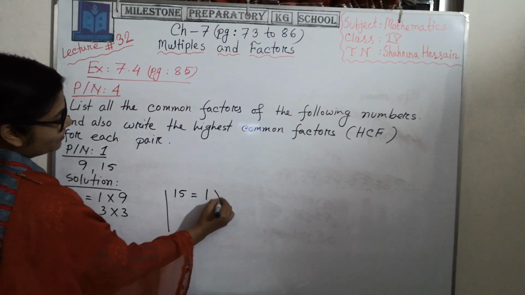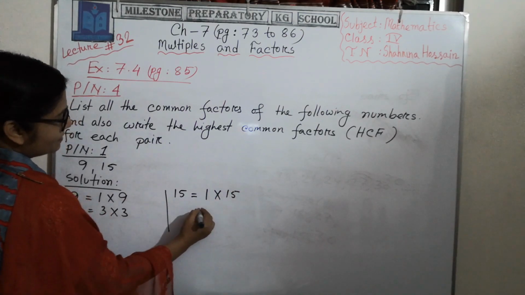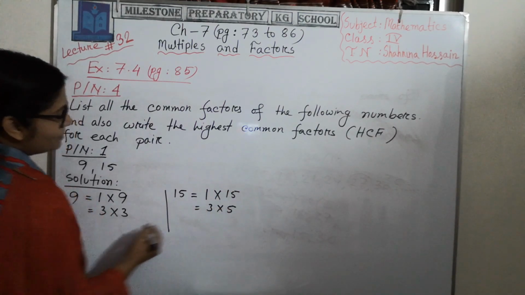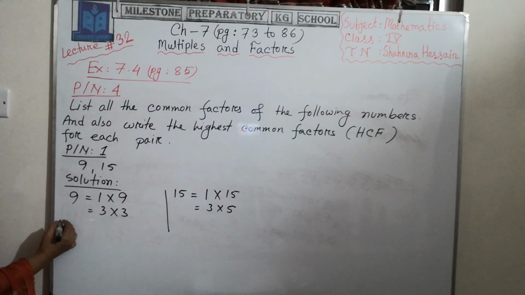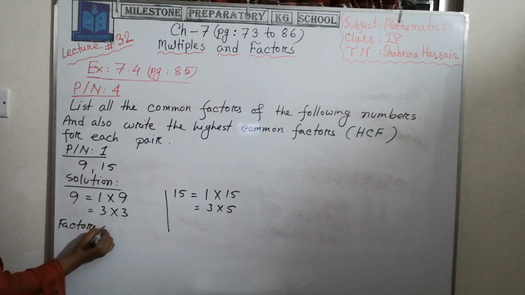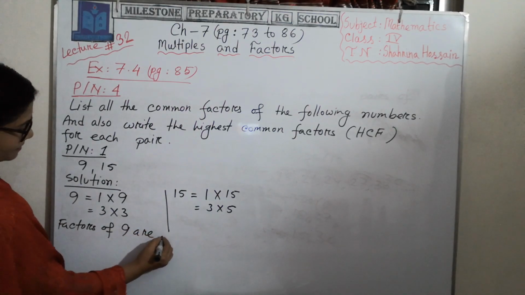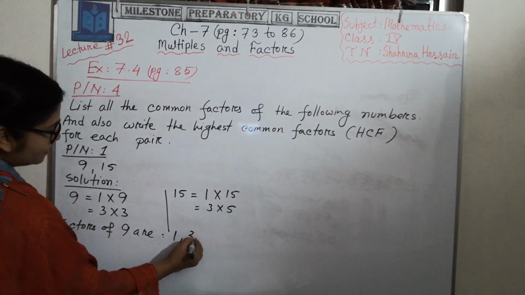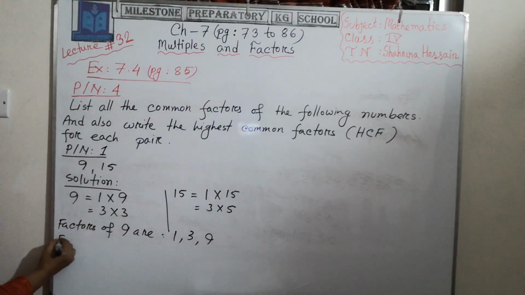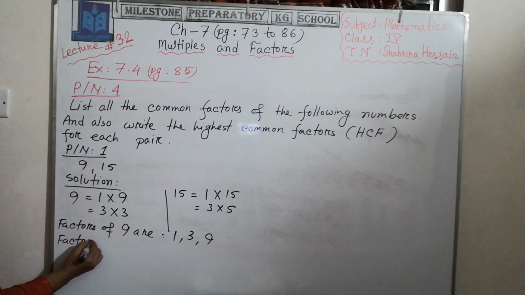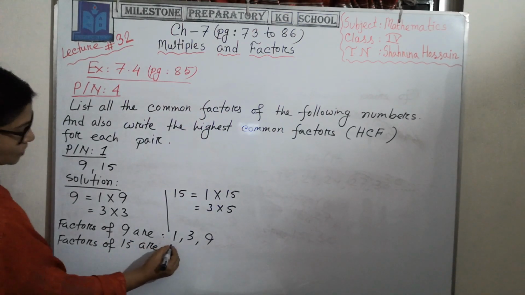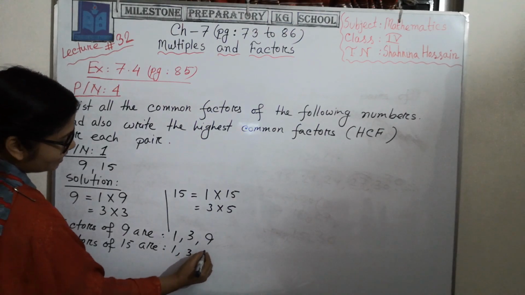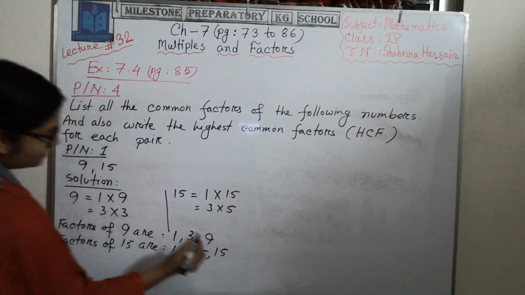Fifteen: 1 fifteen is 15, 3 fives are 15. So factors of 9 are 1, 3 and 9. Factors of 15 are 1, 3, 5 and 15.